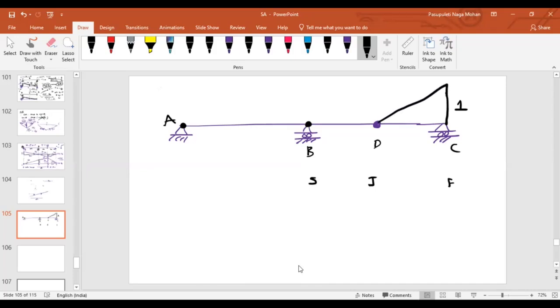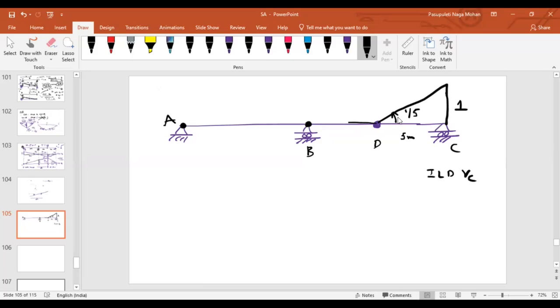As you can see, deflection is 0, BC slope is 0, and then for DC the slope exists. What is that slope? 5 meter, 1 by 5. Now tell me, this is the ILD for VC.